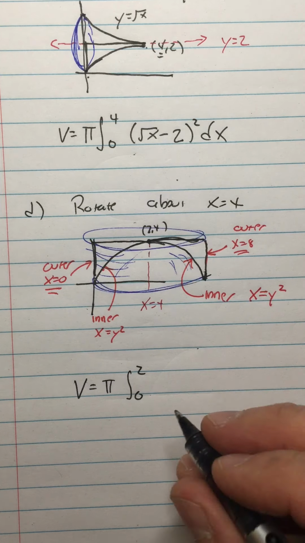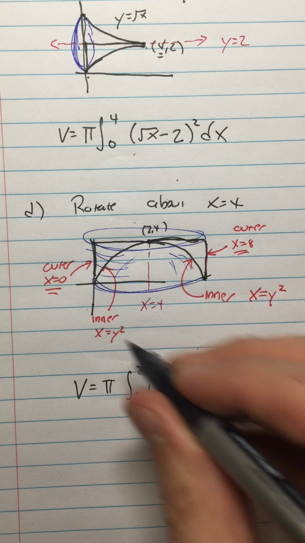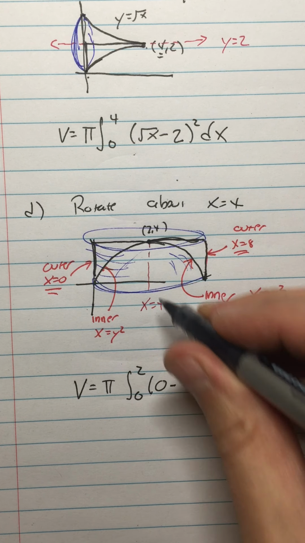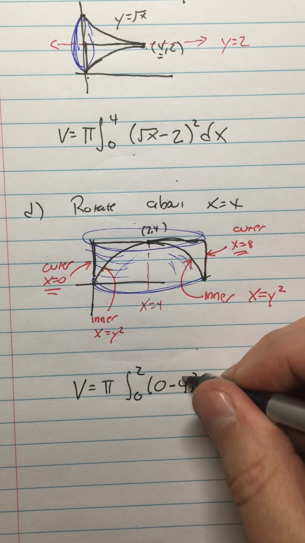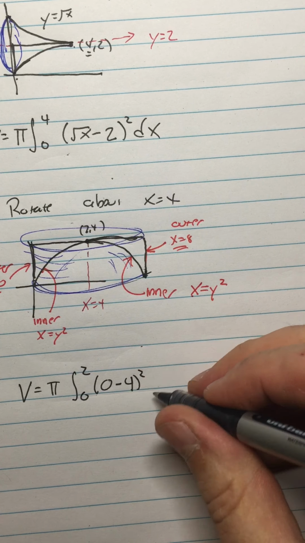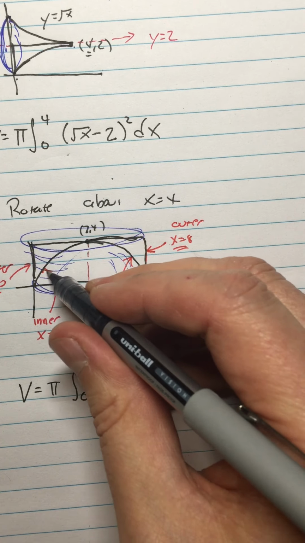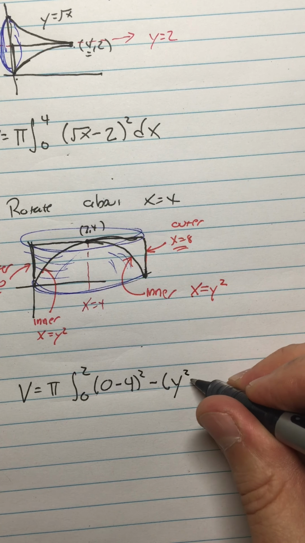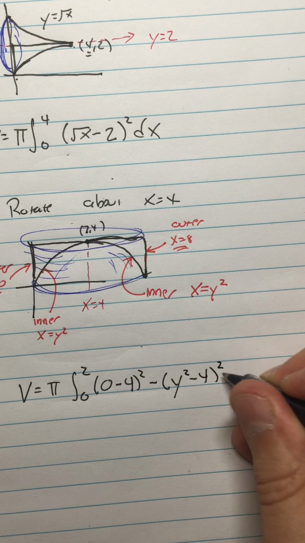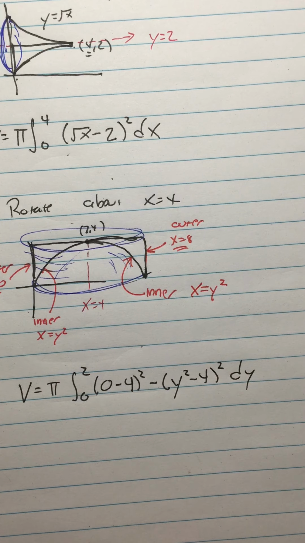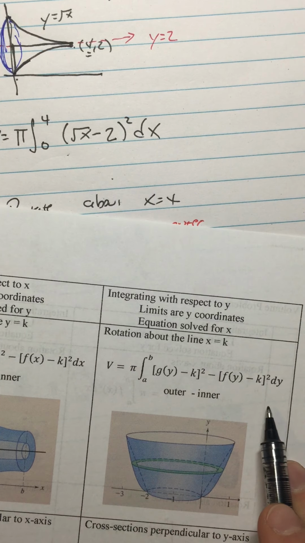Outer minus inner. So the outer function, I'm going to write it as 0 minus my k, which is 4, squared, right? K is just the axis you're revolving around, minus my inner function, which is y squared, also minus 4 squared, dy. So that's following this format right here.